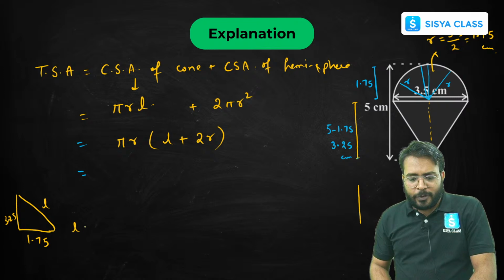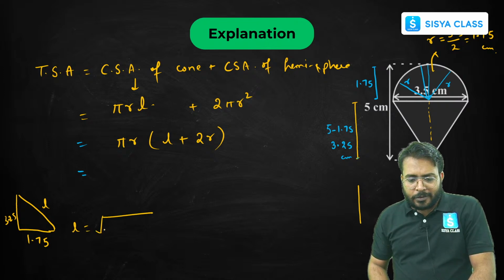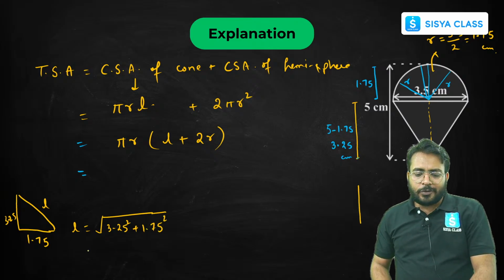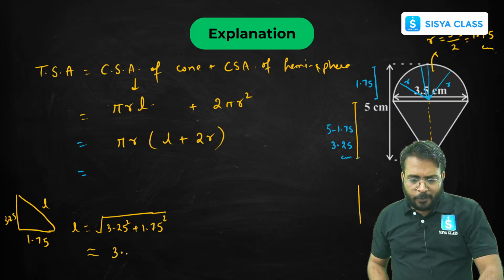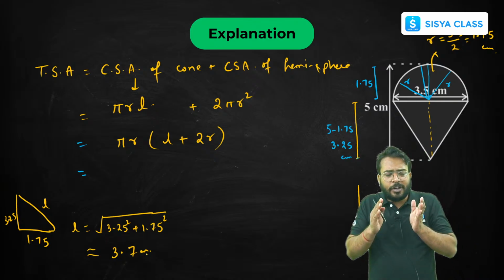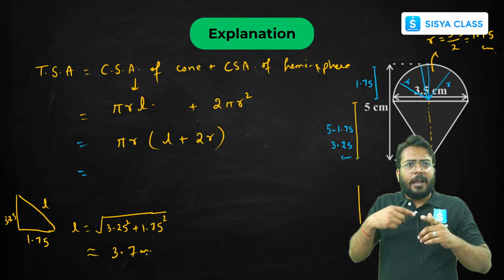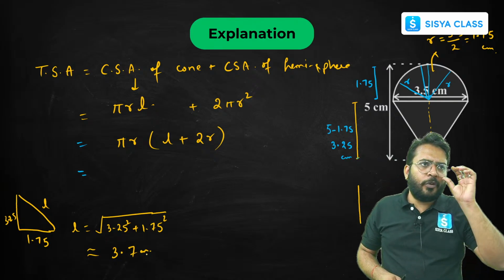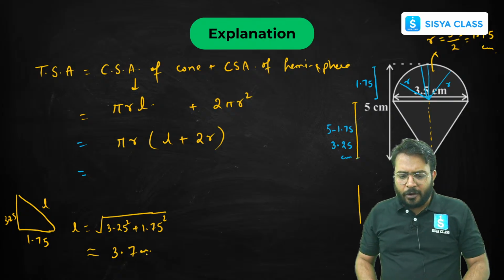So l is going to be the square root of 3.25 square plus 1.75 square. If you solve this, it is going to be approximately 3.7 centimeter. You need to square, add, and find the square root.